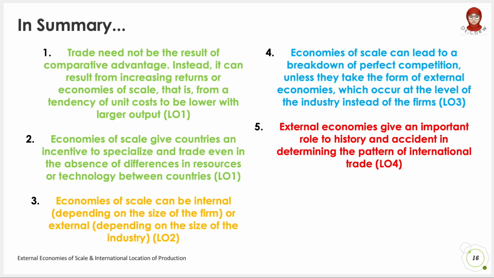Economies of scale can lead to a breakdown of perfect competition unless they take the form of external economies, which occur at the level of the industry instead of the firm. External economies give an important role to history and accident in determining the pattern of international trade.